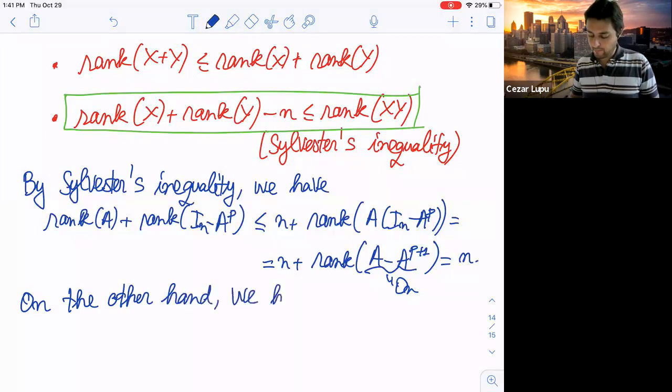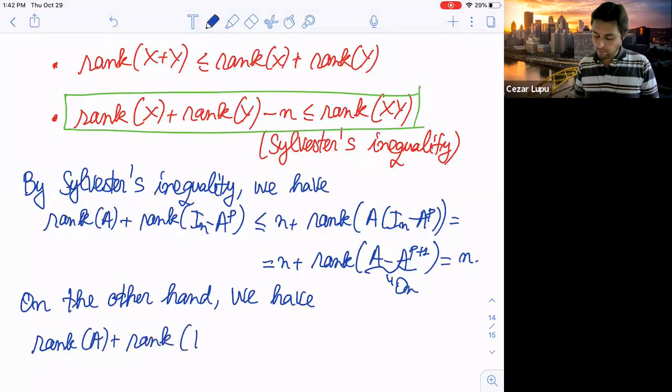Now, on the other hand, let's see, what do we have? On the other hand, we have that rank of A plus rank of the identity minus A to the power P, right?